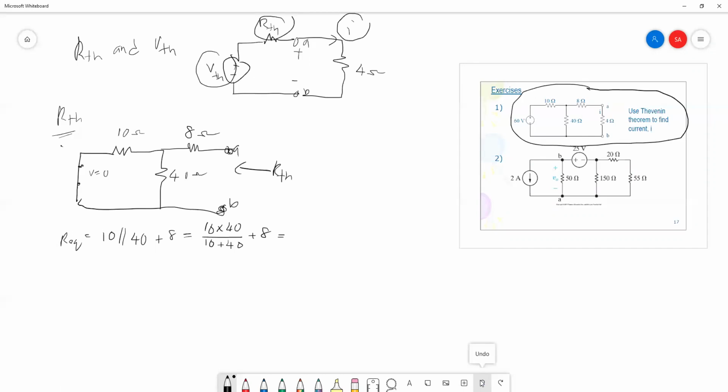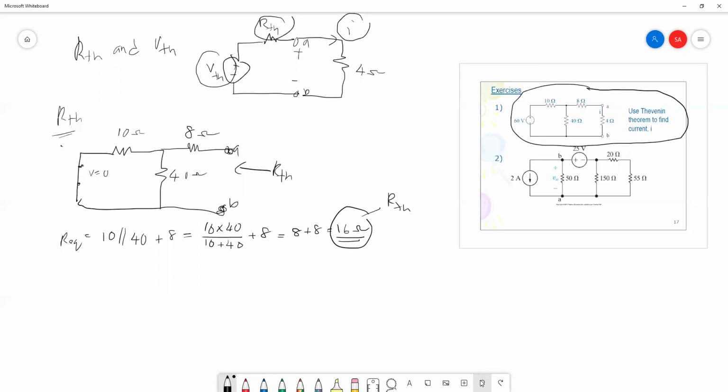So this one should be 400 over 50, plus 8. So this one should be 8 plus 8. So you should get 16 ohm. So this is your RTH.